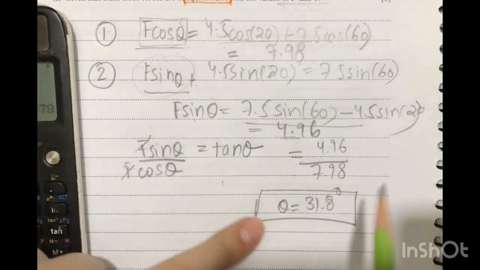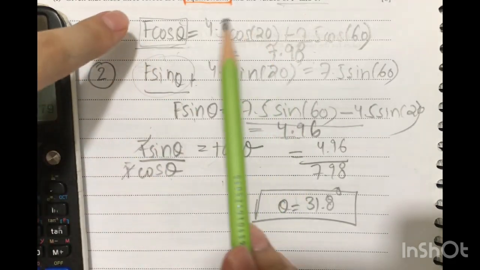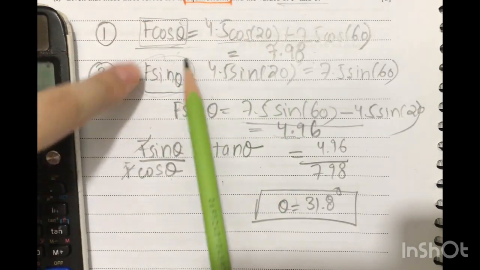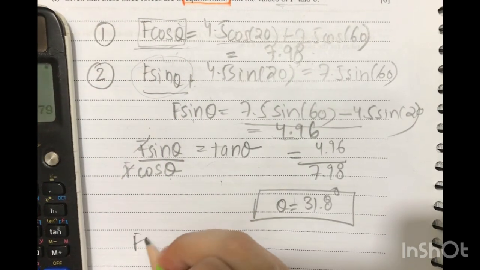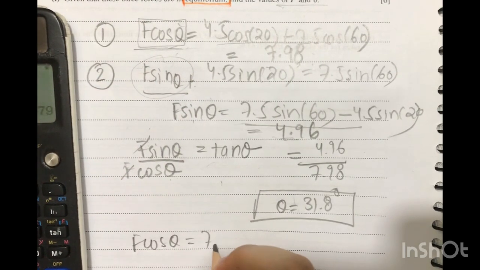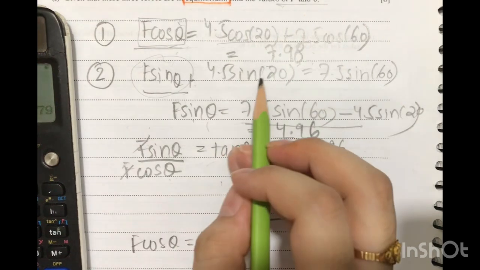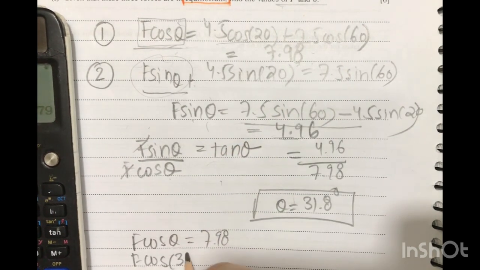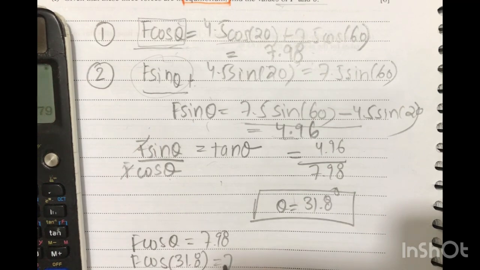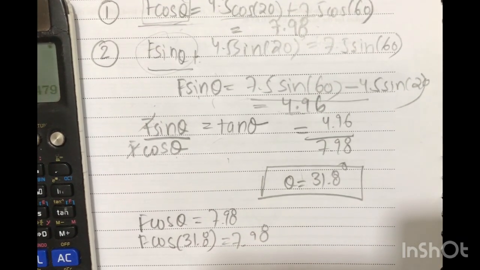Now we can use this value of theta and substitute it in either of these two equations. I'll just choose this one. So F cos theta is equal to 7.98 as we calculated over here. So F cos 31.8 is equal to 7.98.